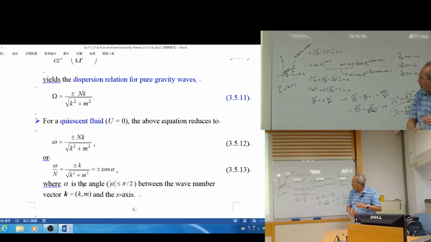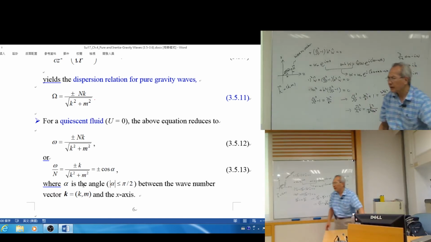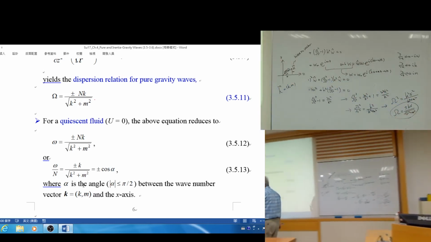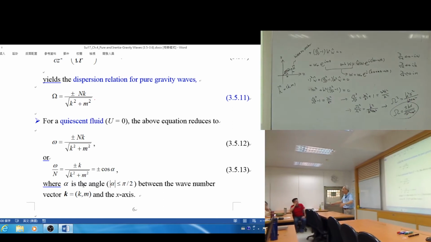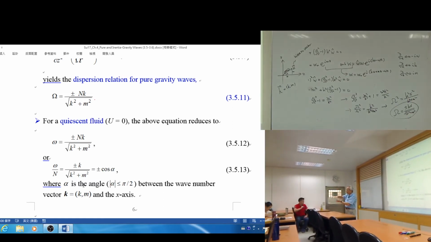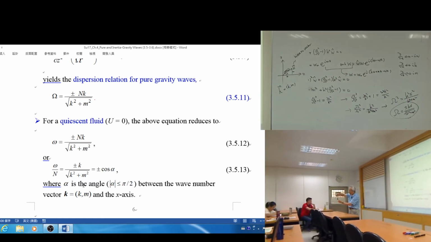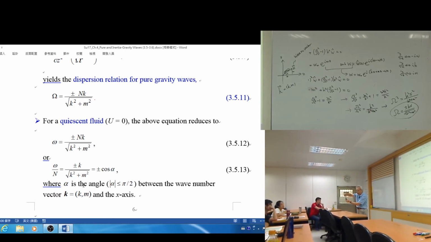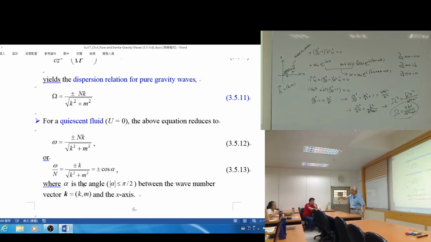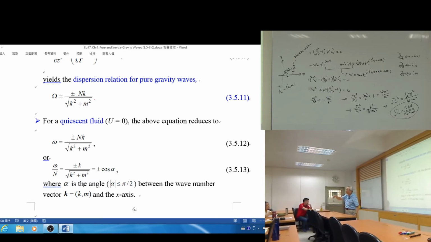So what is that alpha actually? It's like, if we have a water tank here, and I put a stick with something at the end and disturb it, that's called a wave generator. We generate waves, right?